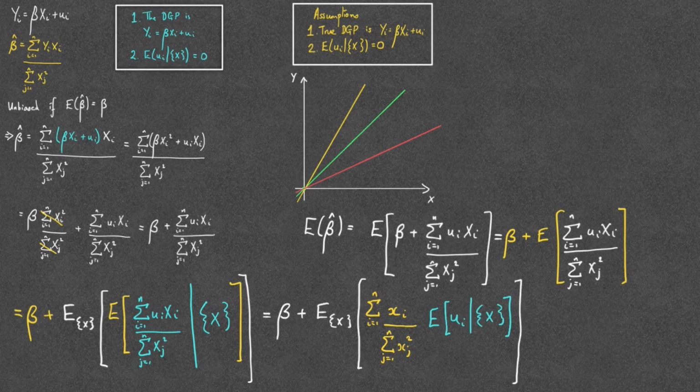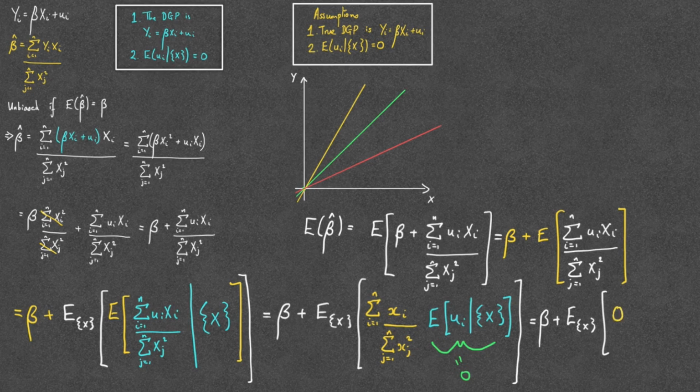But we already know from our assumptions that this conditional expectation is equal to 0. So we've got that this is equal to beta plus the expectation over all possible sets of x of 0 times something, but this is all going to be equal to 0.